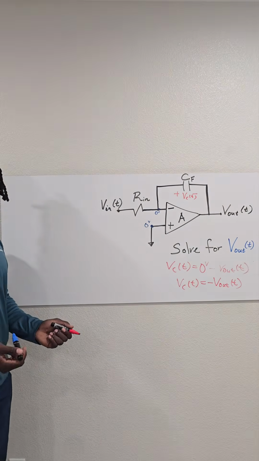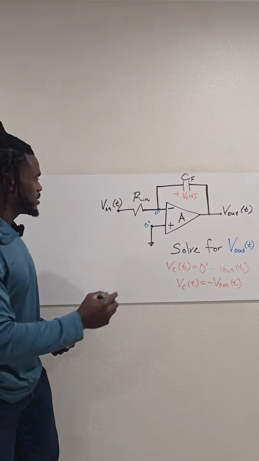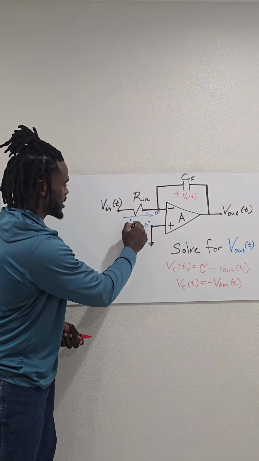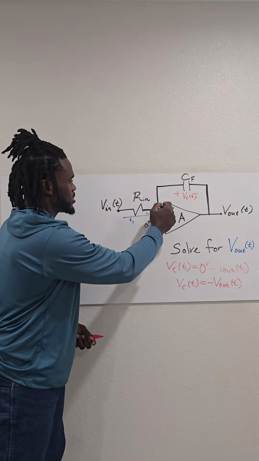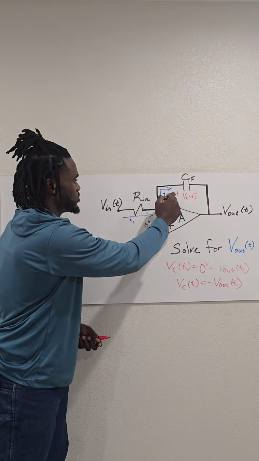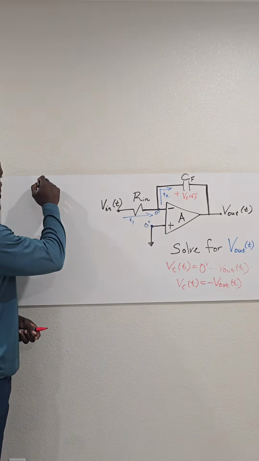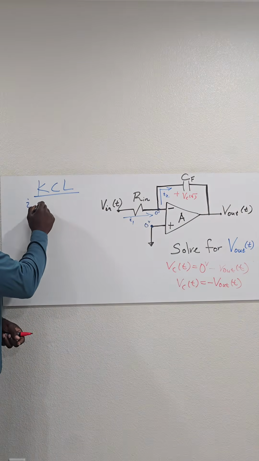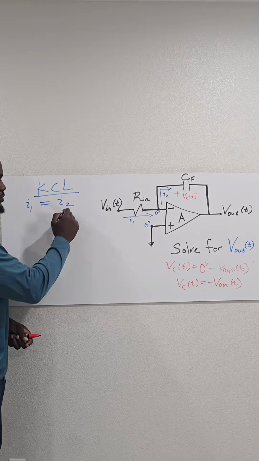So now what I'm going to do is use KCL, which tells me that the current going into this node, I1, has to equate to the current coming out here, call that I2. So then using KCL, I1 has to equal I2.